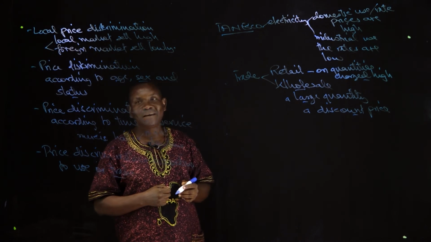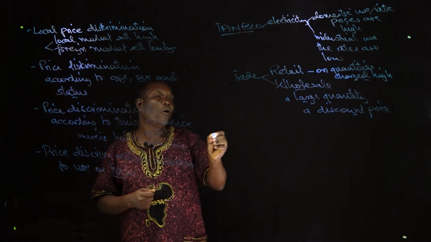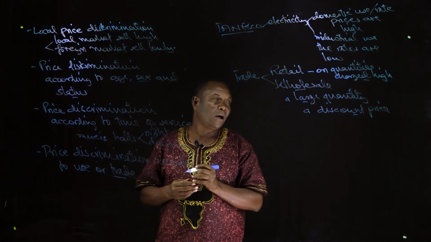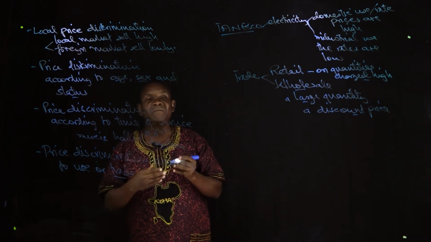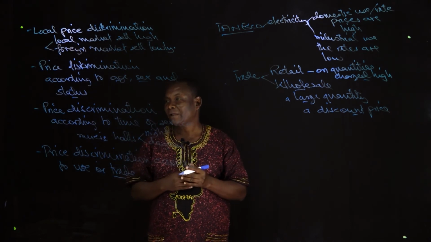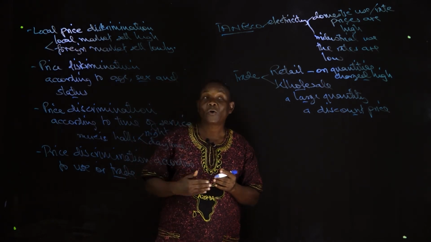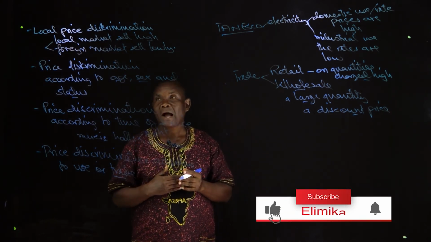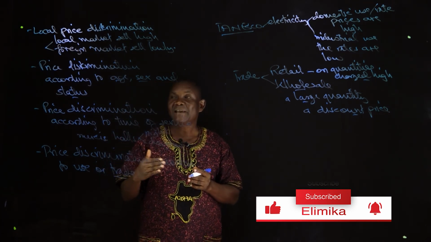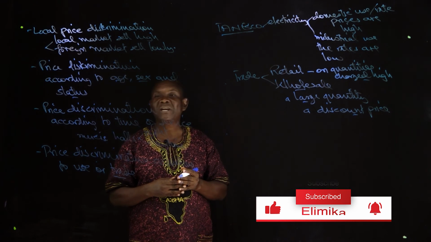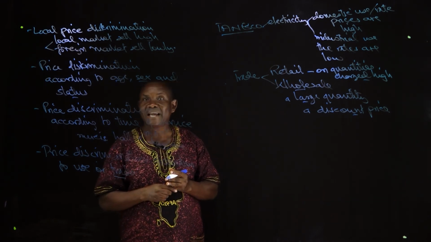So my dear students, our next lesson will be on the advantages and disadvantages of monopoly. We'll also look at how monopoly can be controlled, because in reality, monopoly has more disadvantages than advantages in a society.